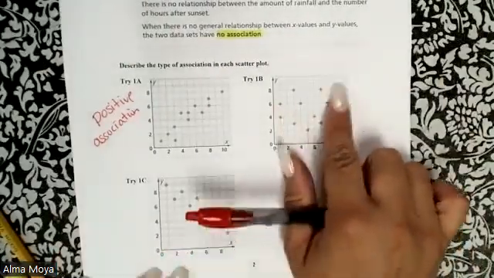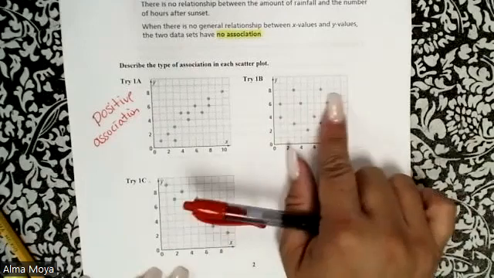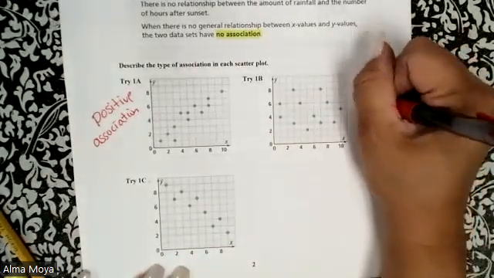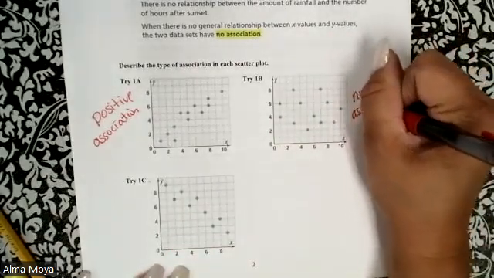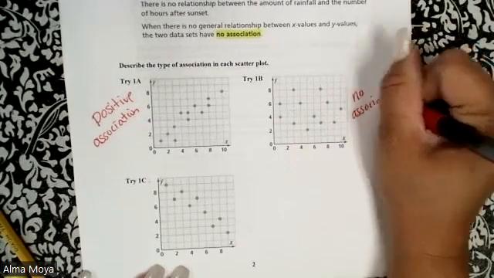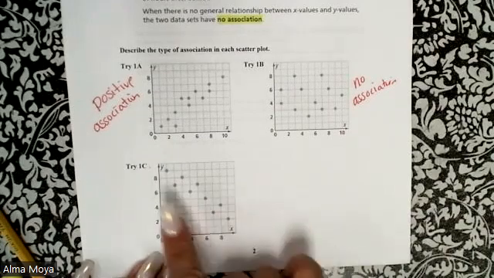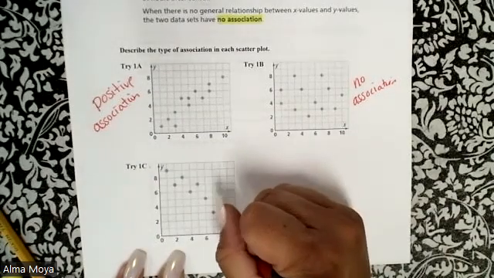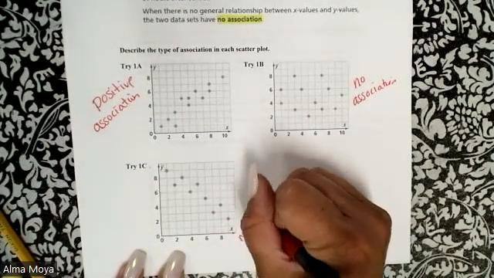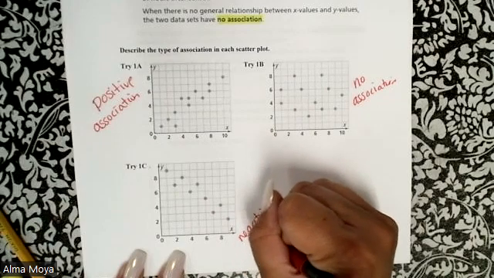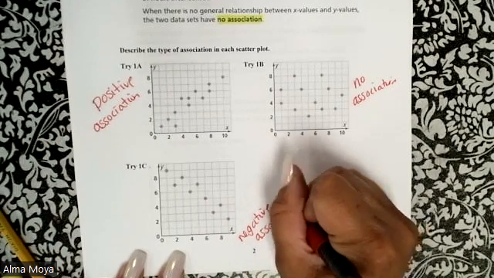Right here, it's kind of all over the place. So because it's all over the place, this one is going to be no association. And on the last one, if you notice, the dots are going down almost linear. So this is going to be a negative association.